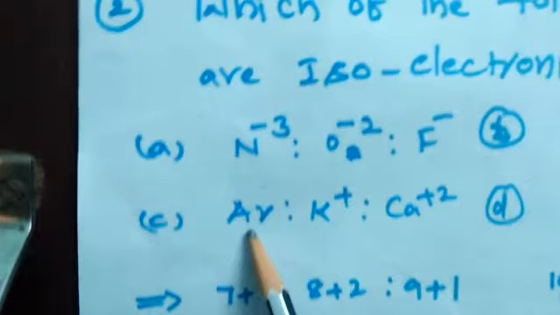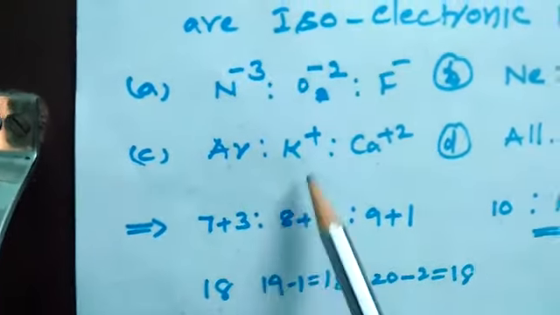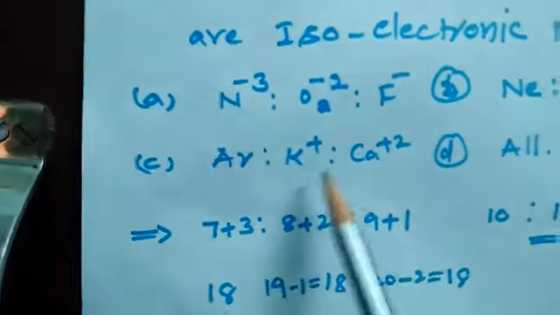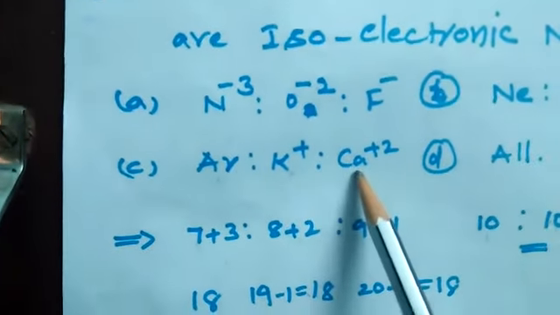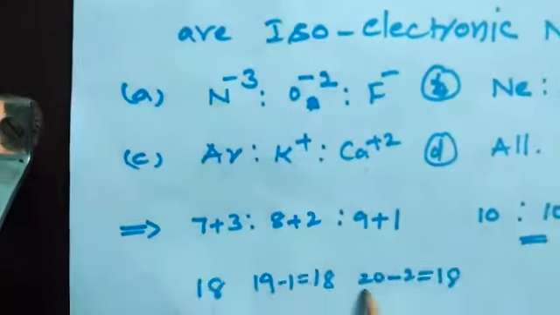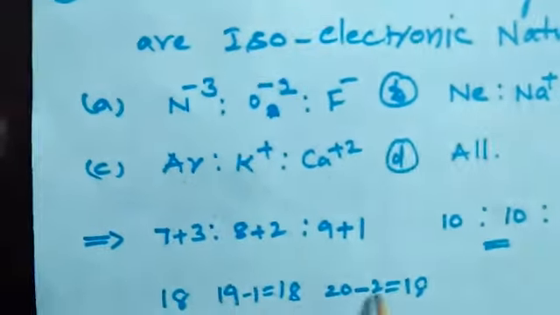Another important group is argon, potassium ion, calcium ion. Argon atomic number is 18 and potassium is 19, 19 minus 1 is equal to 18, and calcium is 20, 20 minus 2 is equal to 18. These ions always have 18 electrons.